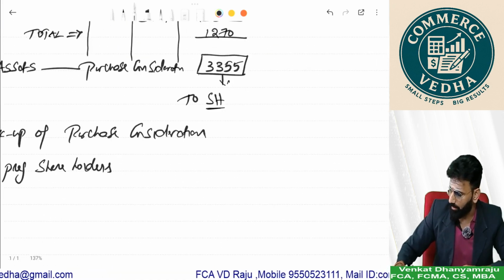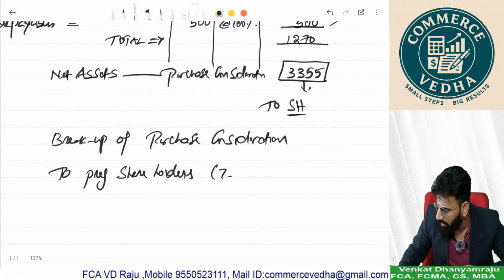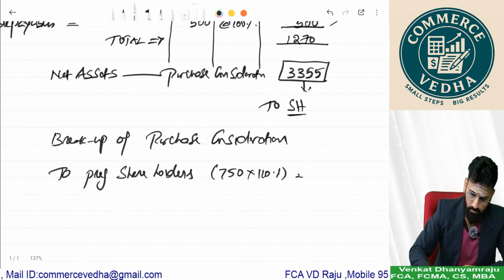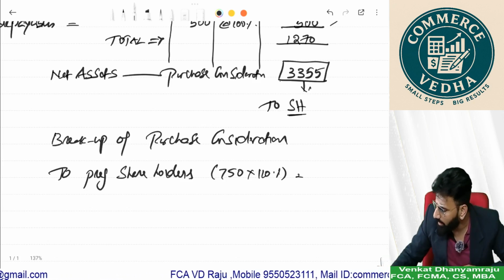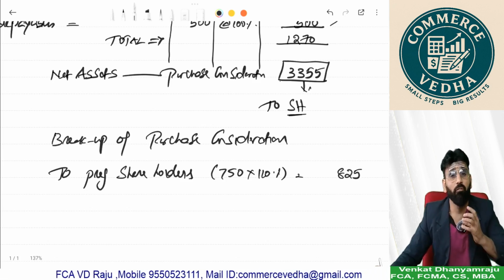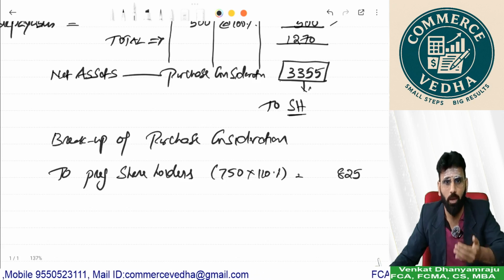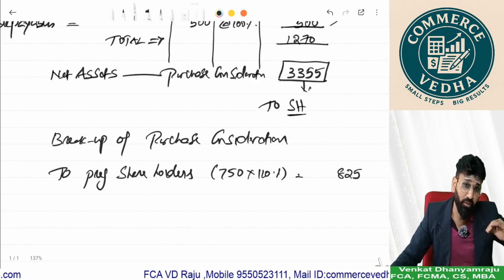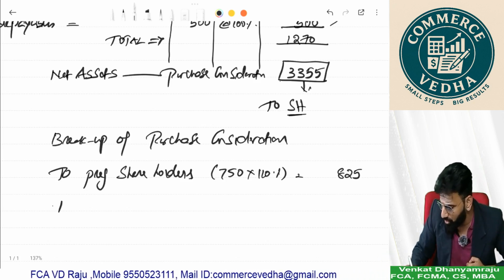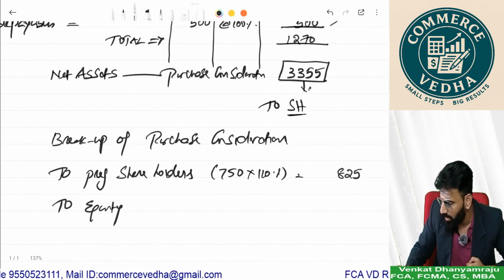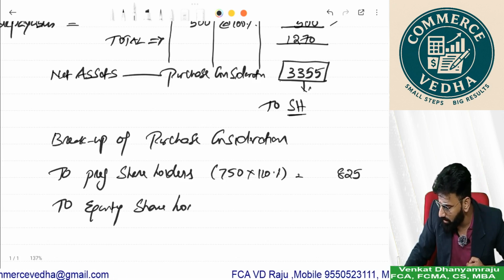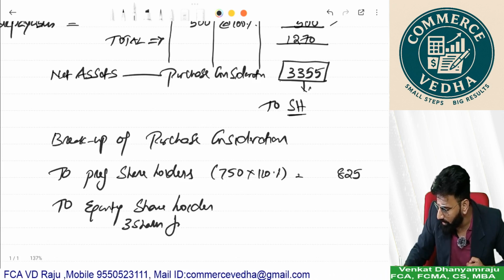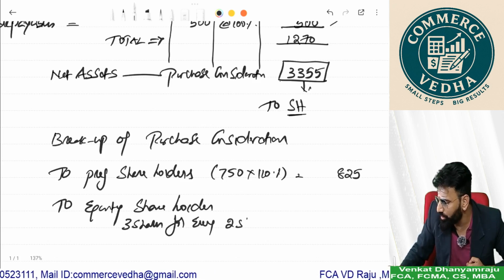Okay, so coming back to preference shareholders, 750 into 110%, 825. So 825 worth of shares in the new company or the transferee to be given to the preference shareholders of transferor, and to equity shareholders, it says 3 shares for every 2 shares held.